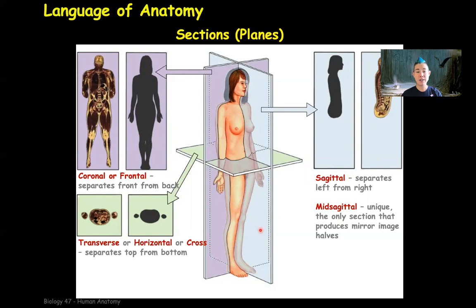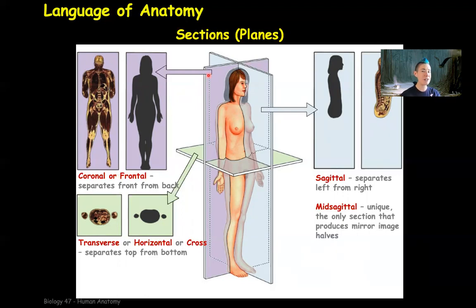Sagittal sections, which we'll see on some of the cadavers in lab, will let us look at, for instance, a cross-section of the female reproductive system. They would allow you to look at the middle section of the brain. The next one is the coronal section, or the frontal section, and that's illustrated in purple here on the patient.